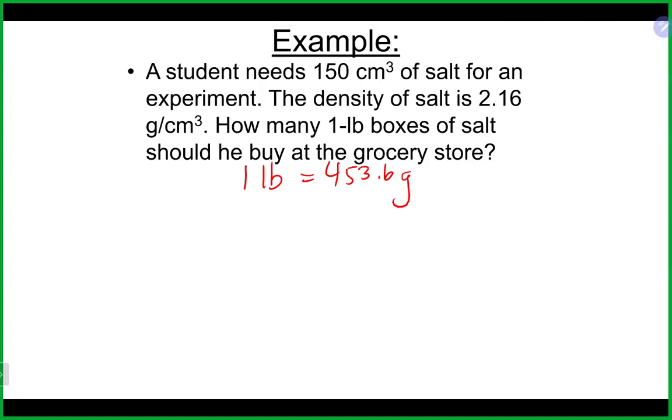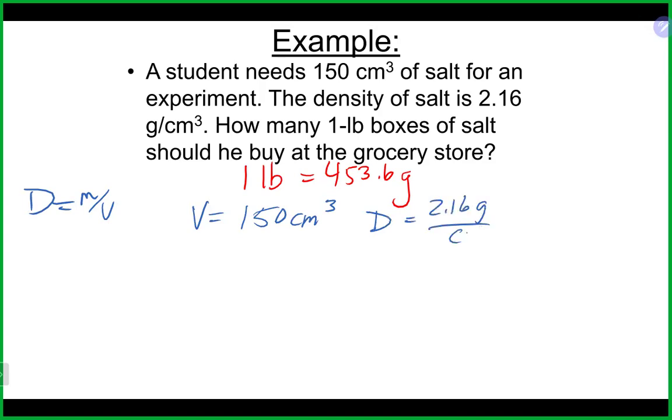Okay, let's take a look. So obviously we're dealing with density, mass divided by volume. We do have a volume, which is the 150 cubic centimeters. We also have the density given to us, which is 2.16 grams per cubic centimeter.